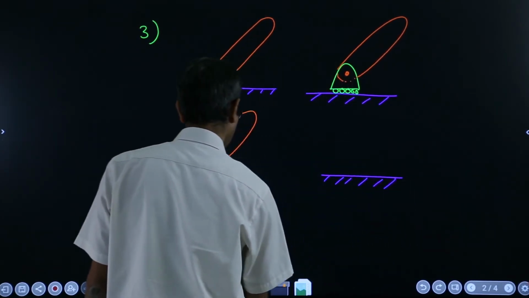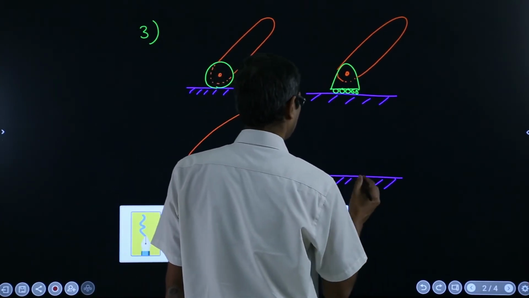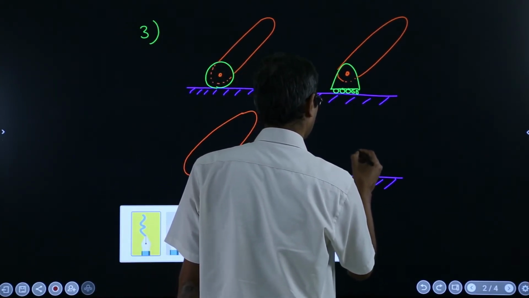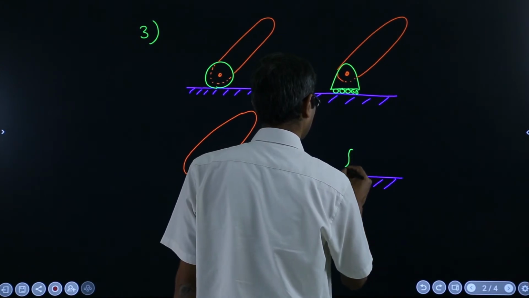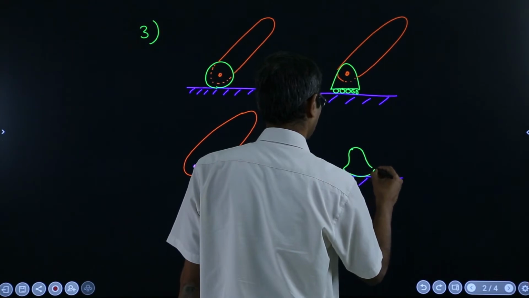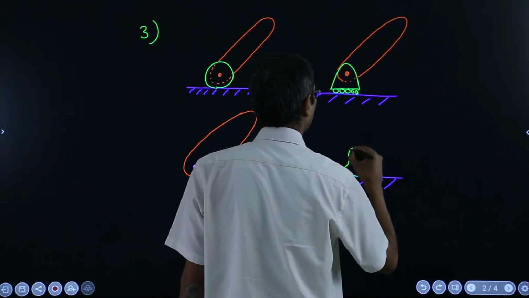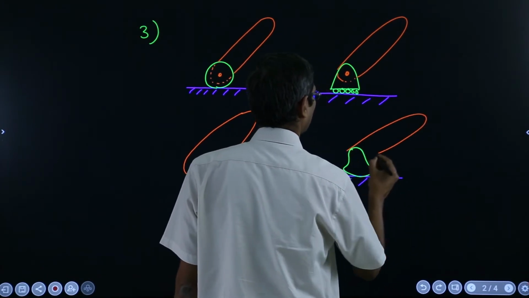And say one more example: this is the ground, and say you have something like this kept on the ground, and then again you have connected this block.